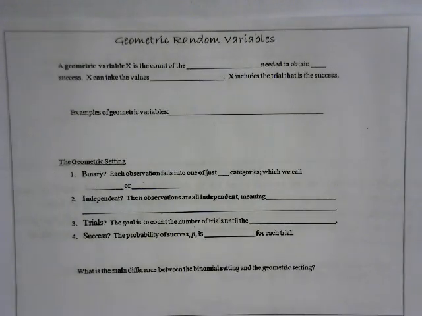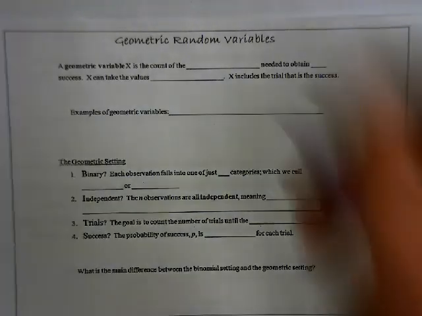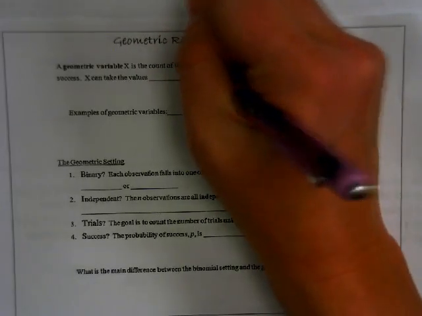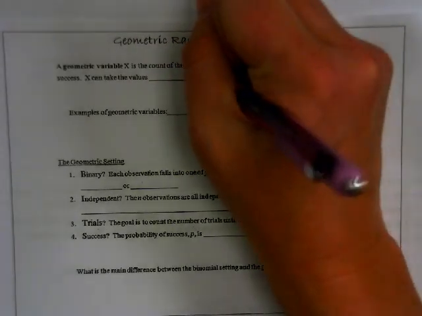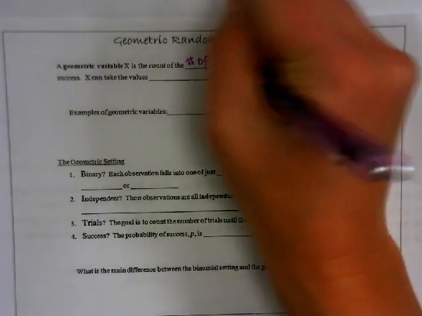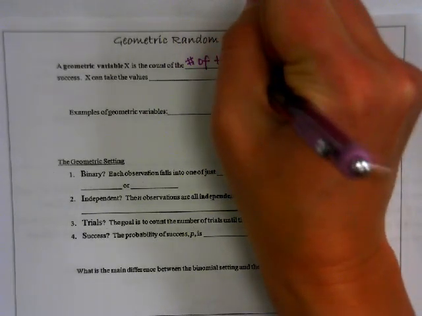All right, a geometric variable is the count of the number of trials needed to obtain the first success.